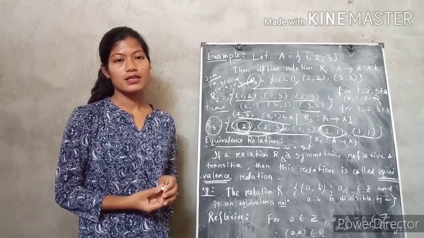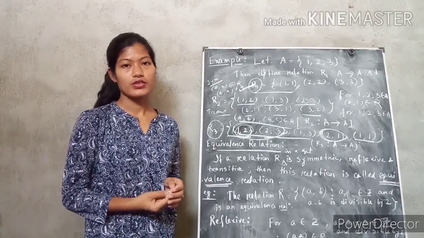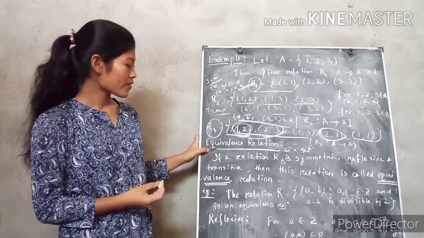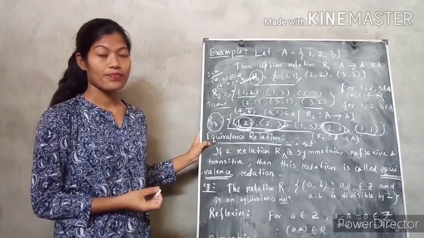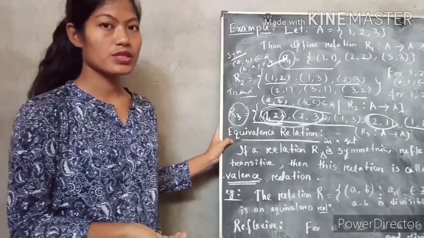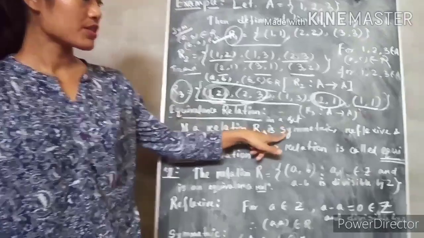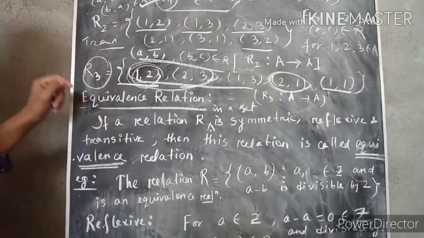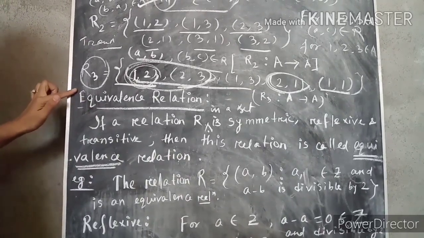Now there is another relation which is called equivalence relation, and this is very interesting because an equivalence relation is a relation which satisfies all these three. That means a relation R which satisfies symmetric, reflexive and transitive, then this relation is called equivalence relation. Here you can see the definition.